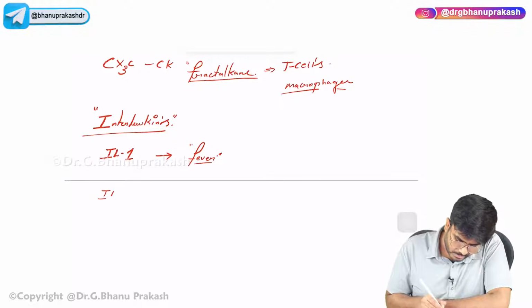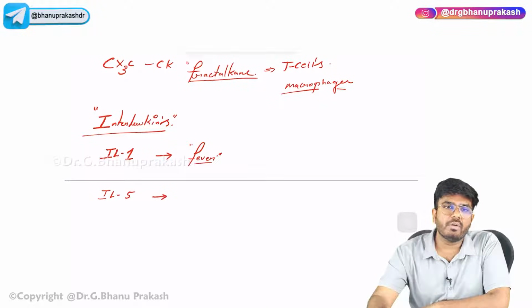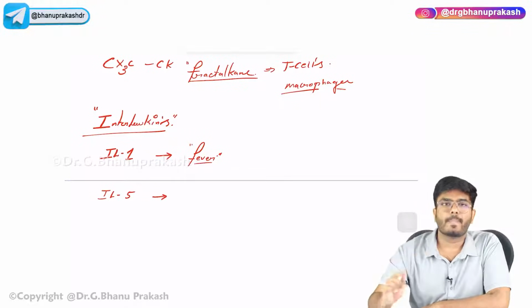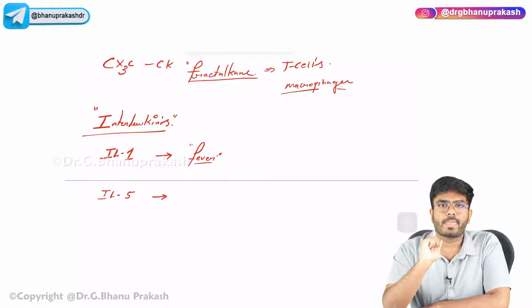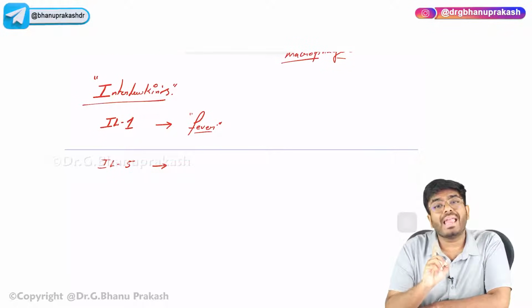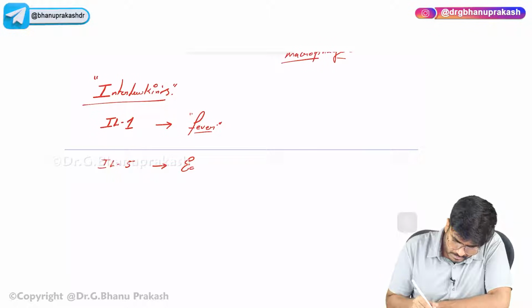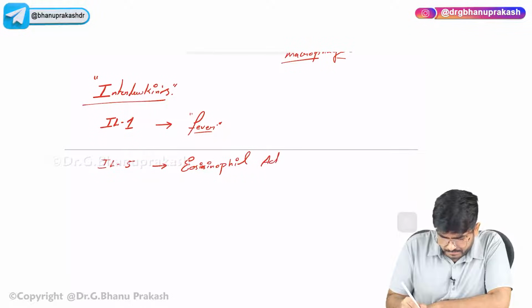Next, interleukin 5. Interleukin 5 is going to cause eosinophil activation.